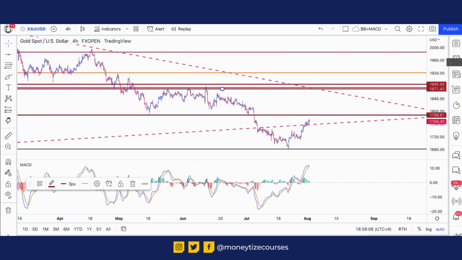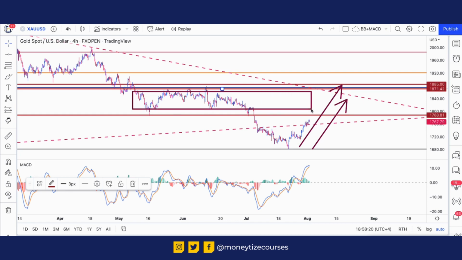So it may reach ultimately to this area, it may reach somewhere here in this zone, the previous zone, because we had huge sideways consolidation in this area.